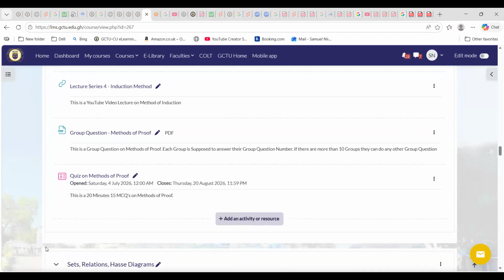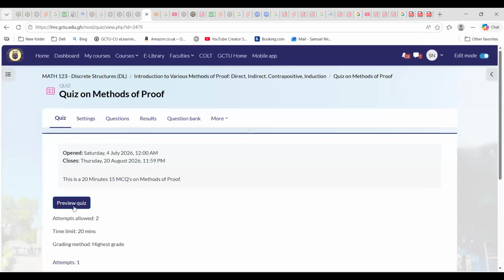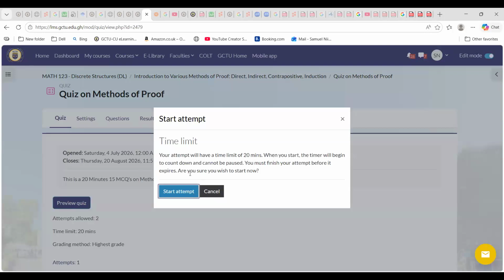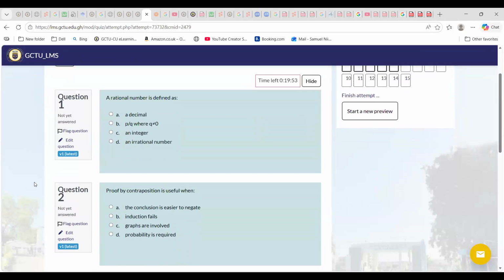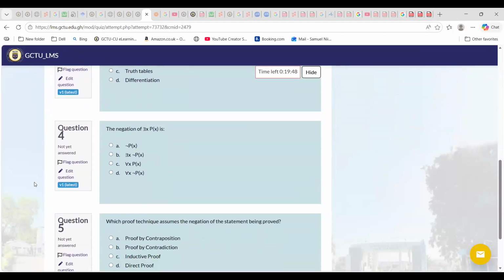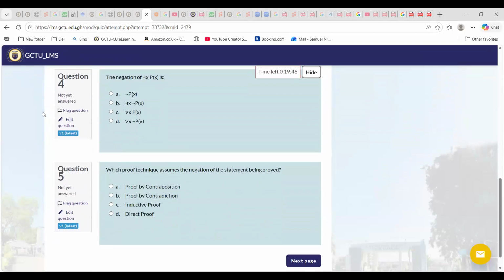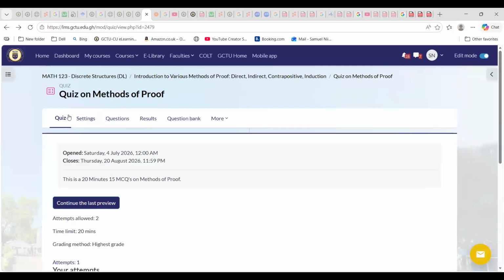And then you have some 15 minutes multiple choice questions here that you can attempt. So far, I think there's only one person who has tried it. The questions are quite simple, but it's asking you to use the various methods of proof, contrapositive, logical equivalence, and all that. Okay, so take advantage of the platform so that you can equip yourself more with the things that we have under the material.